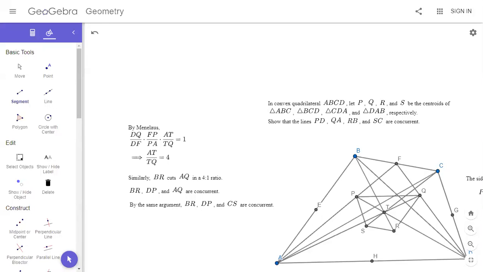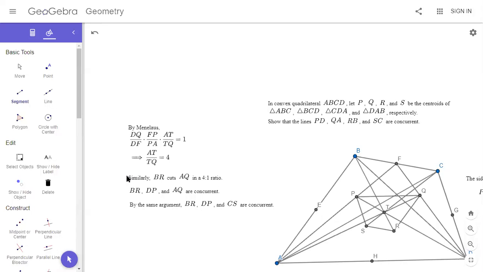Yes, no Menelaus is required, I see what he's saying. So basically triangle PPQ is similar to triangle ATD. If you use those two similar triangles and you know that AD is 3 times PQ, then you know the ratio between AP and PF, so we can also find the ratio between PQ and AB, which will result in AT by TQ.